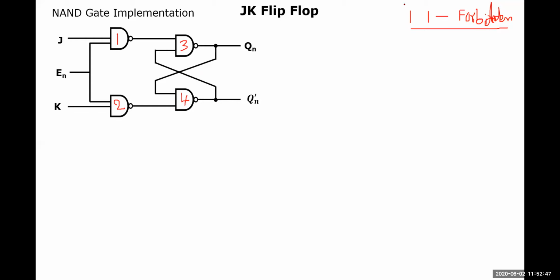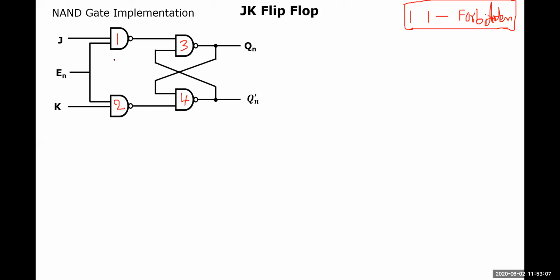To avoid this kind of situation, we consider one more extra input for gates 1 and 2. For gates 3 and 4, there are no other inputs, only 2 inputs are available. But for 1 and 2, we have an extra input for each of them.